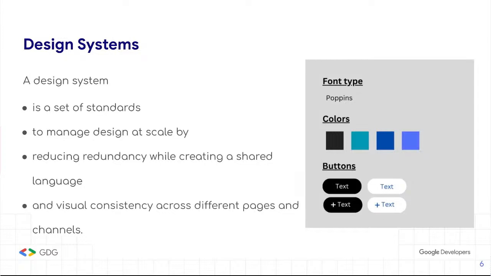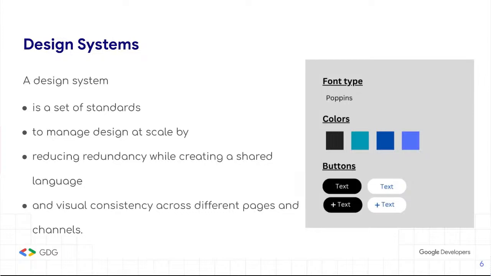So, design system by definition is a set of standards. It's like a set of rules or set of guidelines which is used to manage the design at scale by reducing redundancy while creating a shared language and visual consistency across different pages and channels.